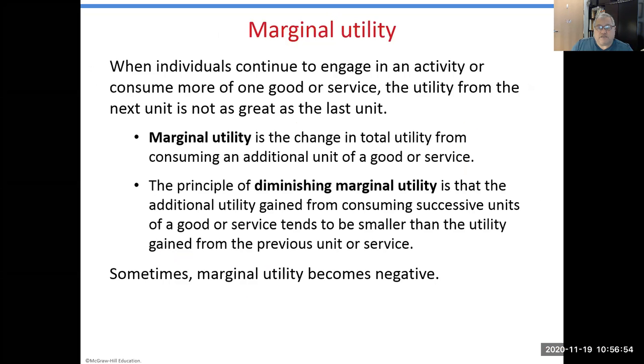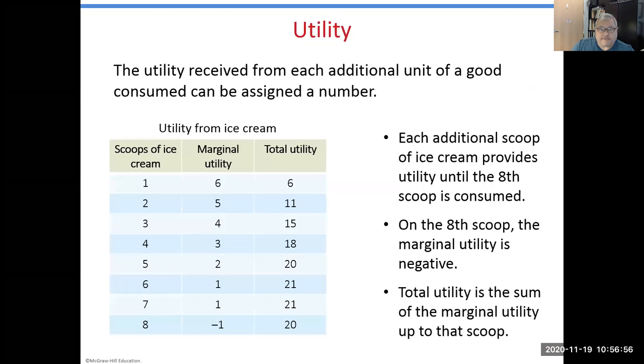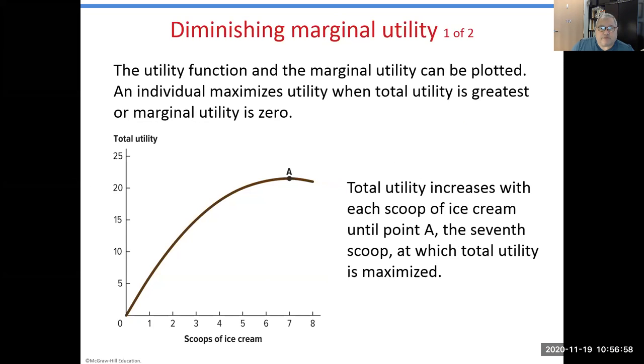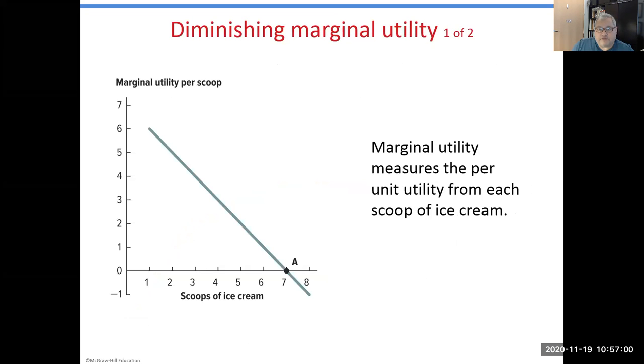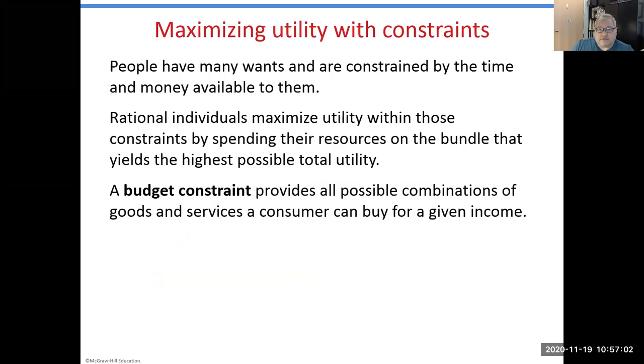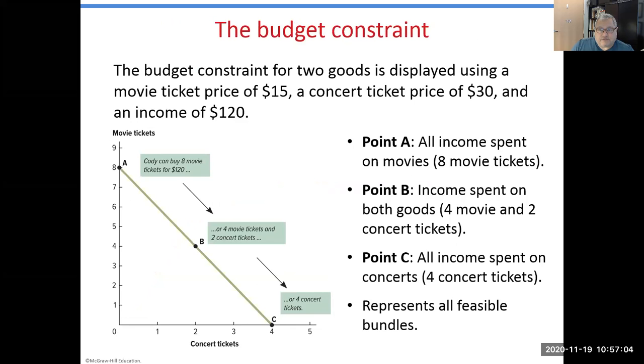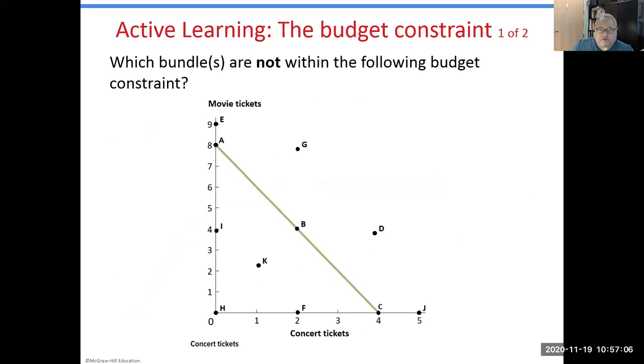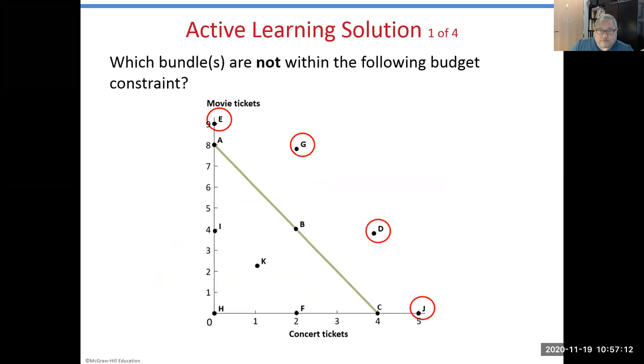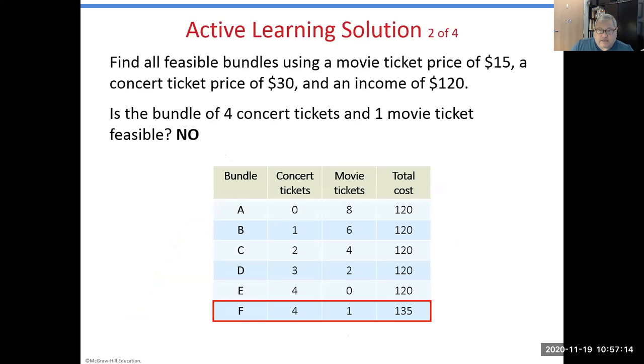So as you go through the PowerPoint slides, you will see some examples of utility, of the concept of diminishing marginal utility, of maximizing utility subject to the affordability constraint, and how the budget constraint can determine when things are not feasible based on budget and feasible.